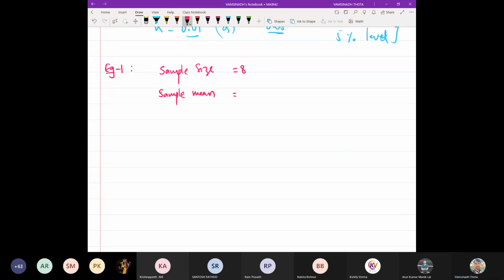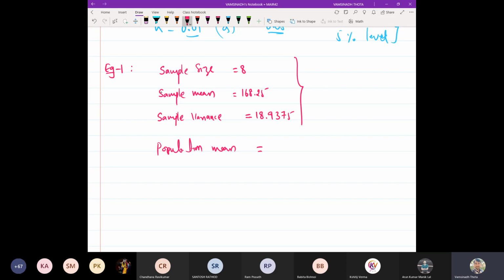Sample mean is 168.25. The sample standard deviation or the sample variance is given to be 18.9375, and population mean is also given. Population mean is given to be 165.